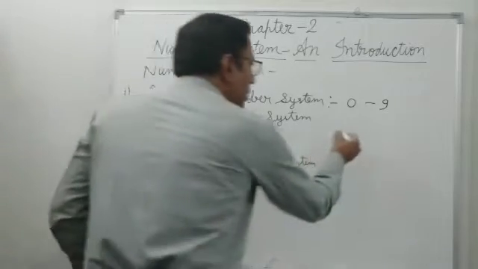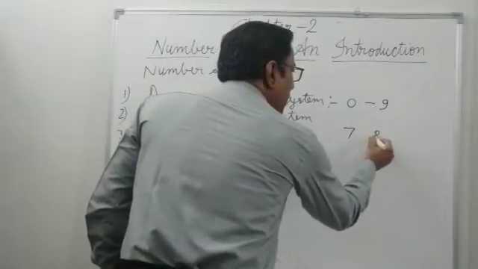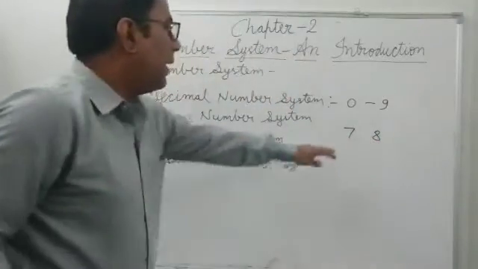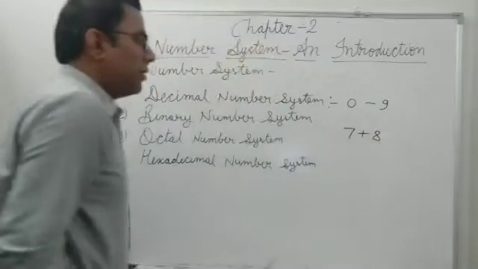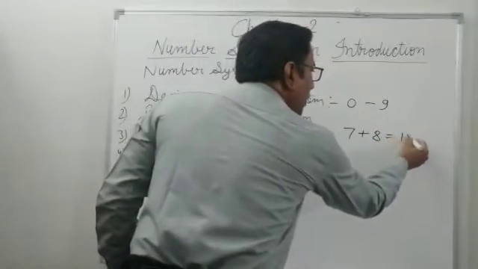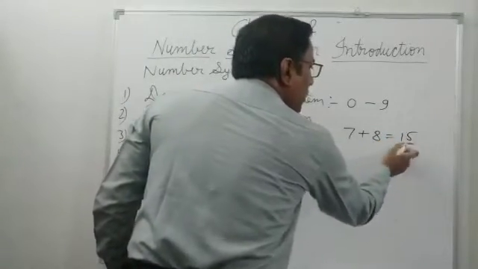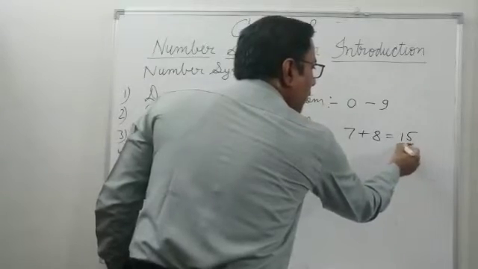Suppose I have the numbers 7 and 8, which are between 0 and 9. I add 7 plus 8, which equals 15. So 15 is a combination of 1 and 5.